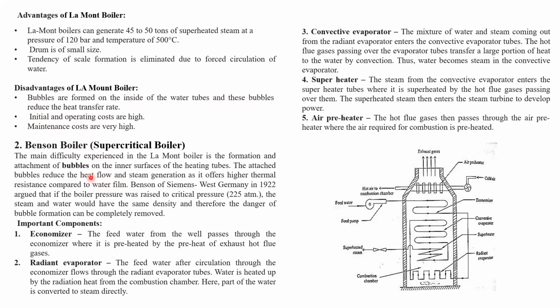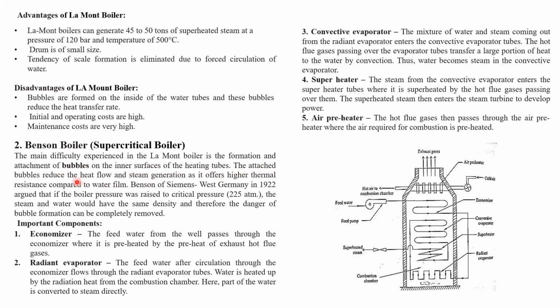Now let's see the second one, the Benson boiler, which is called supercritical, meaning the pressure is about 221 bar. It is around 225 bar. Somewhere it is written here, critical. The main difficulty experienced in the Lamont boiler was formation of bubbles on the inner surfaces of the heating tubes.